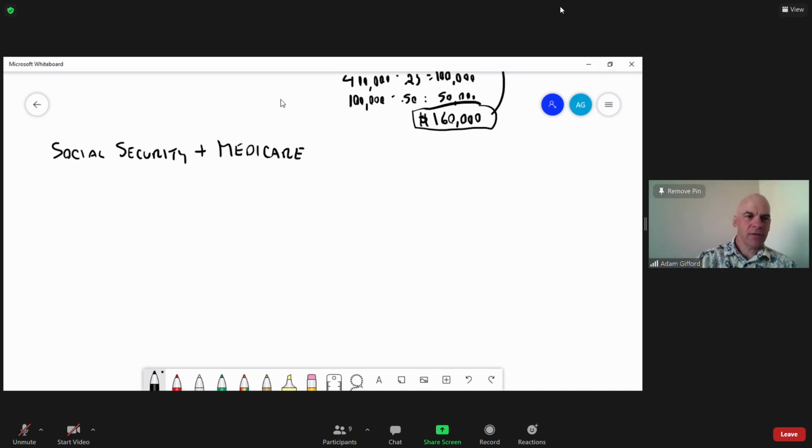The technical term for Social Security is OASDI, which is Old Age, Survivors, and Disability Insurance. These are cash payments made to individuals who reach a certain age, or the spouses or children of individuals who reach a certain age, or people that have physical or psychological disabilities that prevent them from working. That's what OASDI is.